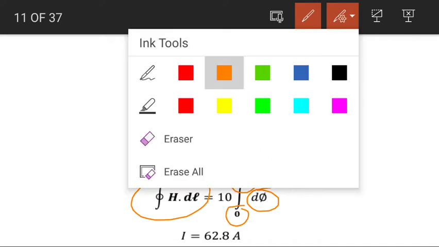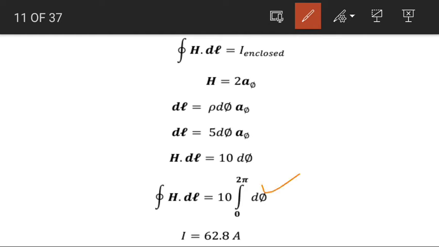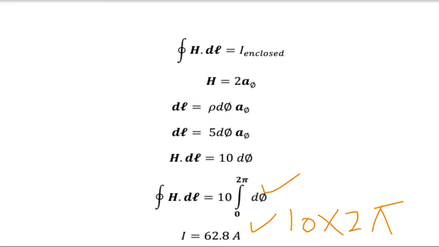So the integration of d phi results in phi, and if we put the limits, we will get 10 into 2 pi. So the current in the conductor will be 62.8 ampere.